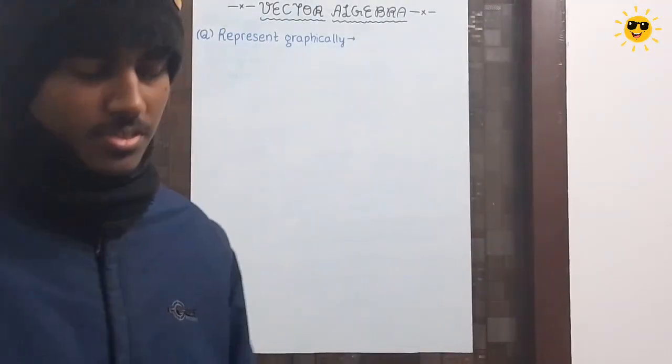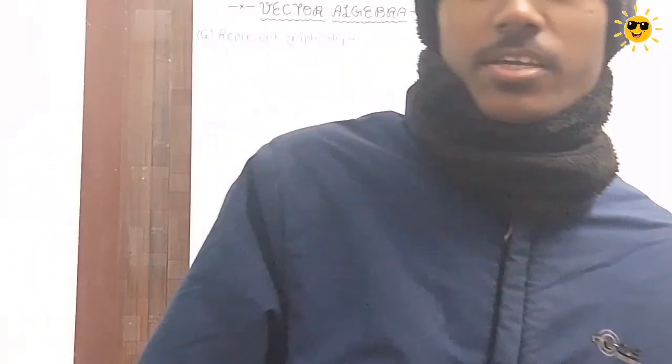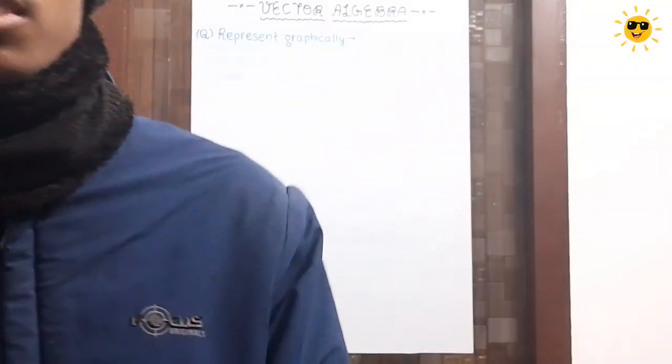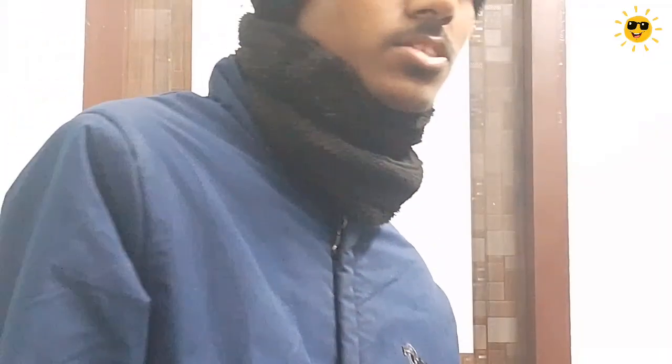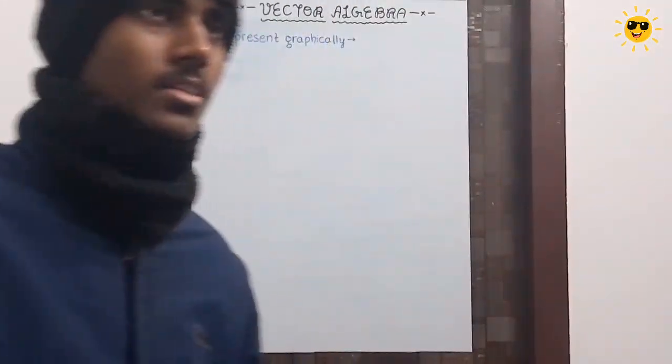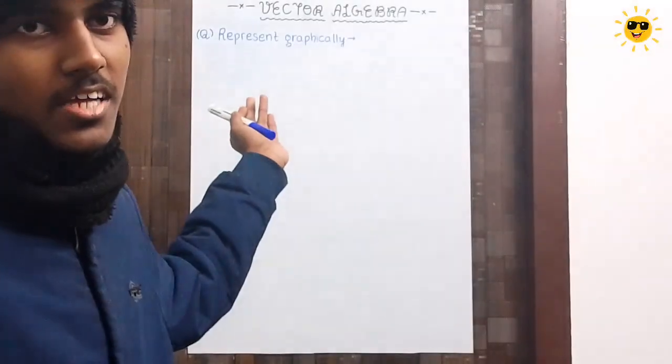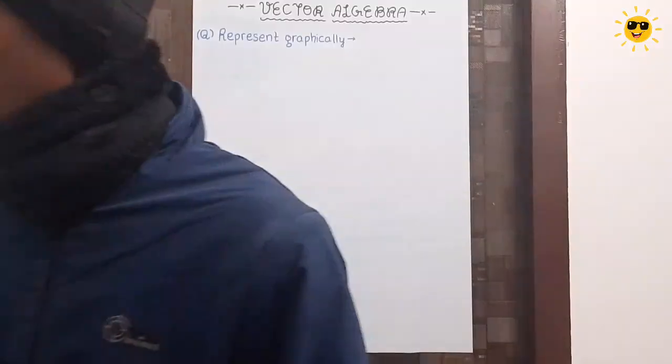What do we mean by that? In the previous video, we studied the representation of vector. So it means we will be given a question in words, and we have to represent that vector in a graph, just as the question says.